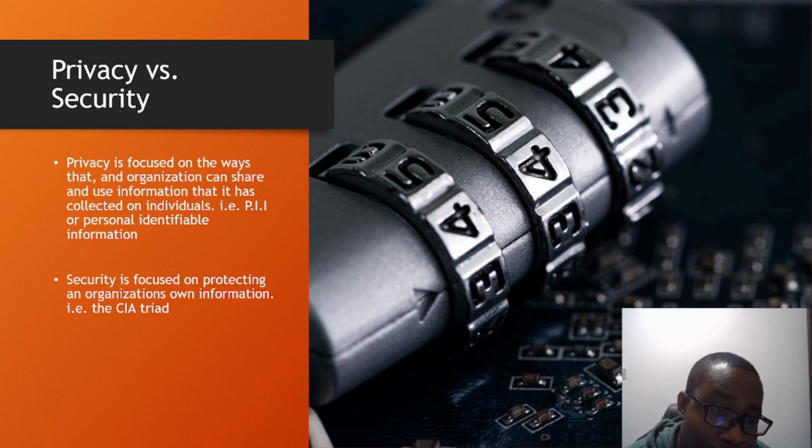Security is more focused on protecting an organization's own information, i.e., the CIA triad that we just talked about. So that's the difference. We're not just focused on security like before in Sec Plus. We're now focused on privacy. And this is where we're starting to get into the intricacies of what being a cybersecurity analyst is.